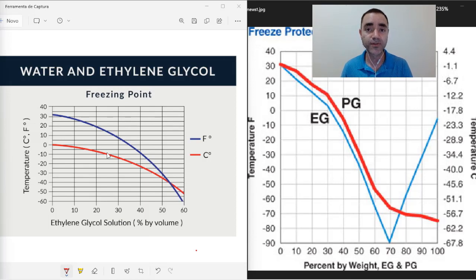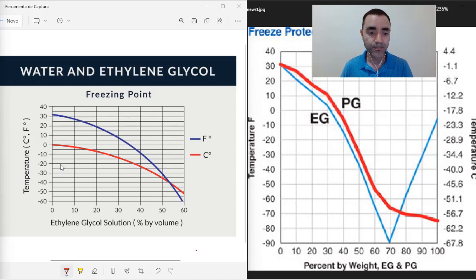So instead of defining the volumetric percentage of my ethylene glycol as 25%, I will add, for instance, it will depend on the guidelines of your company or good sense. I will define the lowest freezing point as minus 20 Celsius degree, because I will have at least 10 Celsius degrees of difference between the normal operating temperature and the lowest possible temperature.